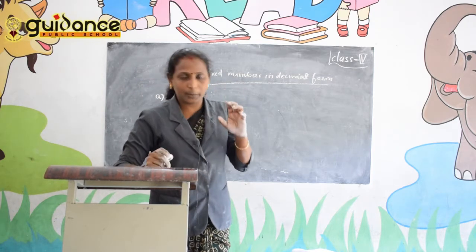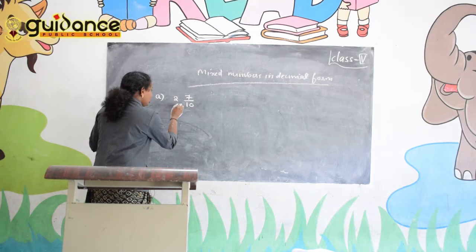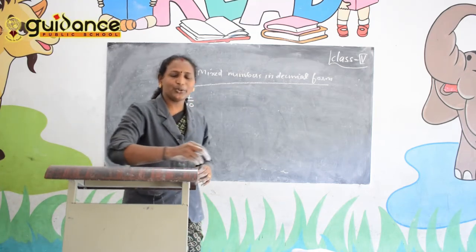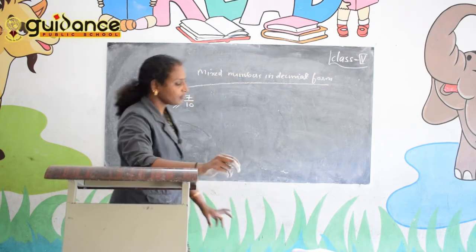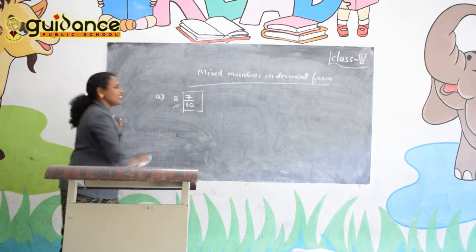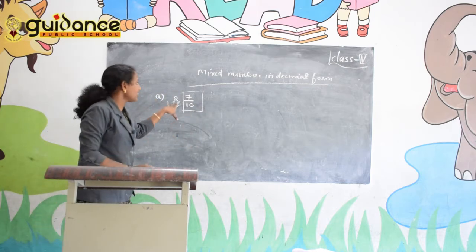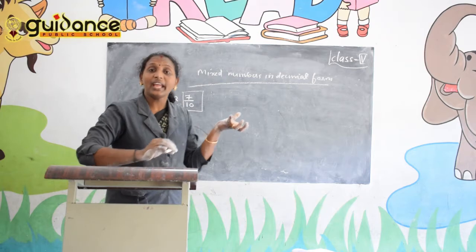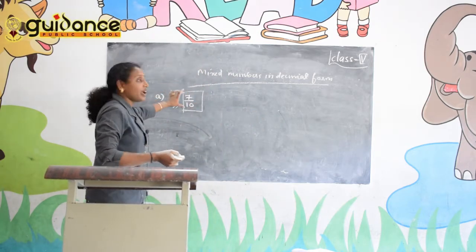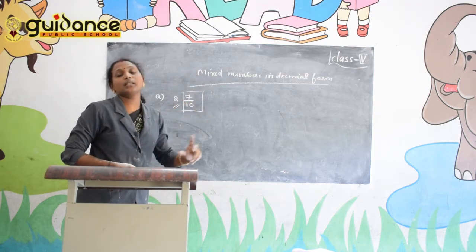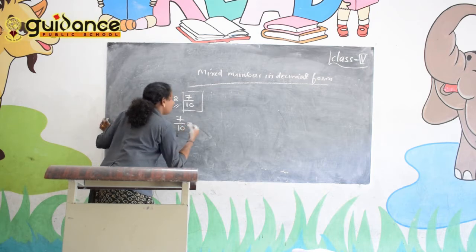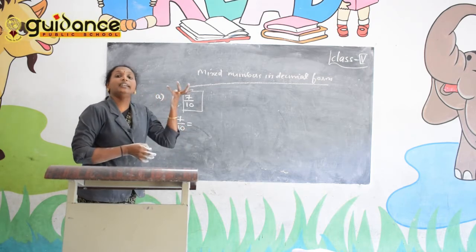We know that 2 is a whole number. Then we will convert the fraction into decimal form. We already studied how to convert this. How will you convert 7 by 10 into decimal form?